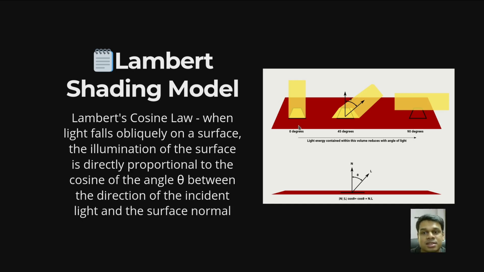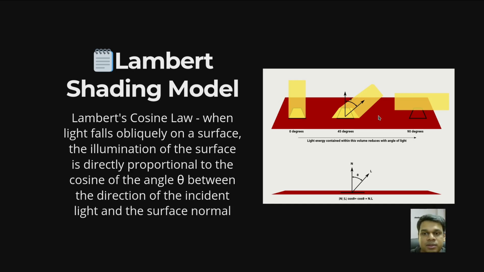We call this 0 degrees because if you look at the normal of the surface, which is pointing straight up, the light and this normal make 0 degrees. There is no angle between them. What I basically mean is that the light is falling directly perpendicular to the surface.